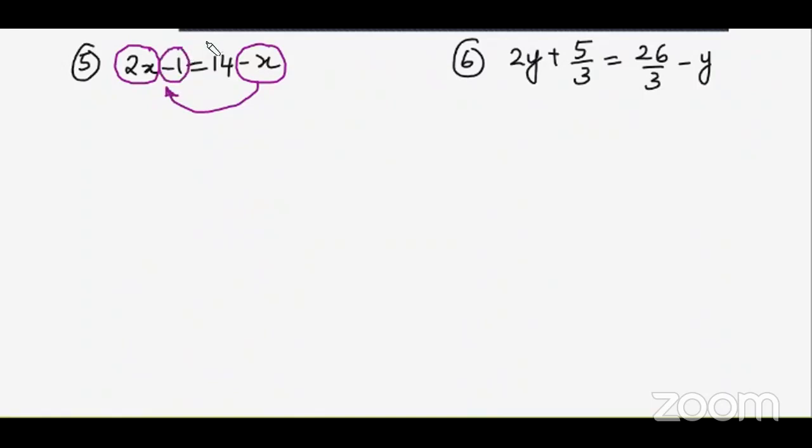Correct? So that will become 2x. Minus x will become a plus x equal to 14, which is not shifting. So 14 minus 1 shifts to the right, so plus 1. Right? 2x plus x is 3x equals 15.